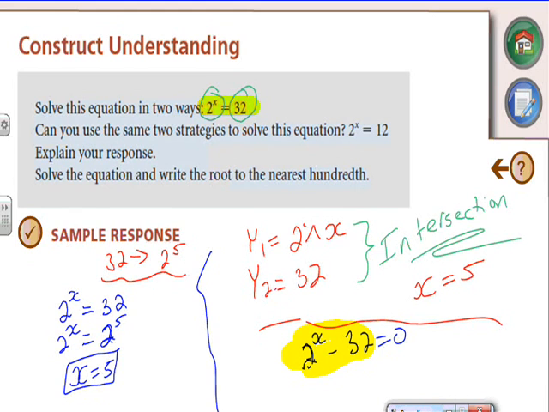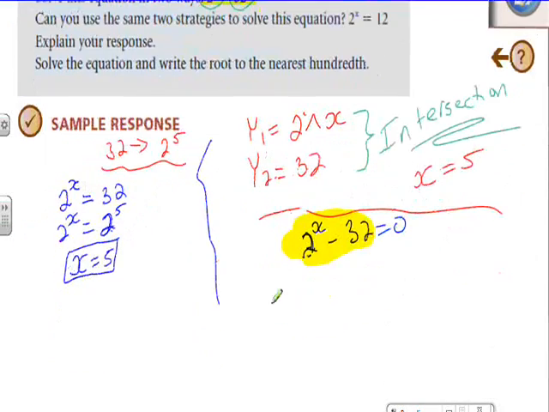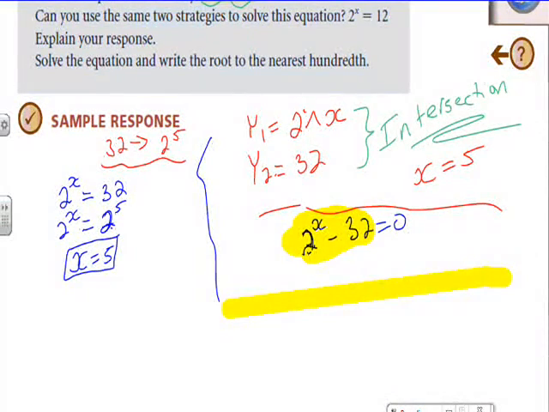The next part of the question says, could you use those same two strategies for 2 to the x equals 12? Well, first thing is, we can't get 2 to the something equal to 12. So no, we can't do it algebraically that way. But we sure can use our graphical method.